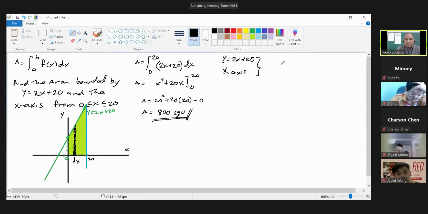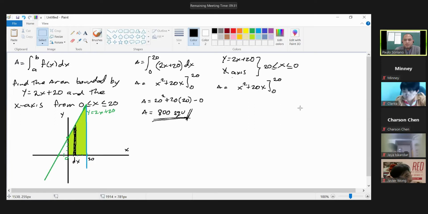From this time, x lesser than or equal to 0, greater than or equal to negative 20. What will you get? Basically, it's the same thing, right? You will be using this formula, but then our limits will be different.